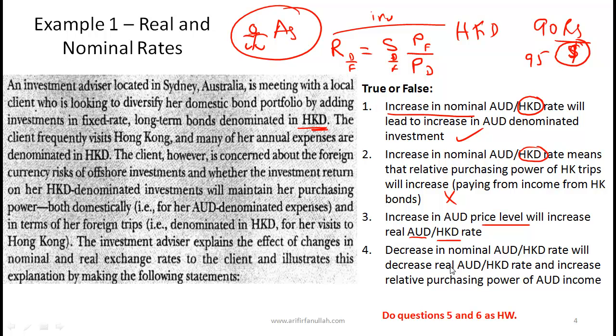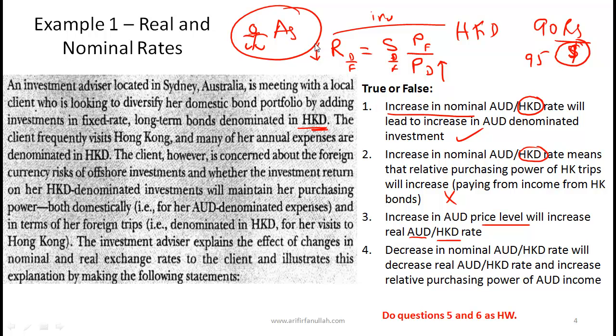So now what are they saying? Increase in the Australian dollar price level. Australian dollar is domestic. So if this denominator goes up, what happens to the real rate? The real rate has gone down. What does this going down mean? Does it mean that the domestic currency has strengthened or the foreign currency has strengthened?